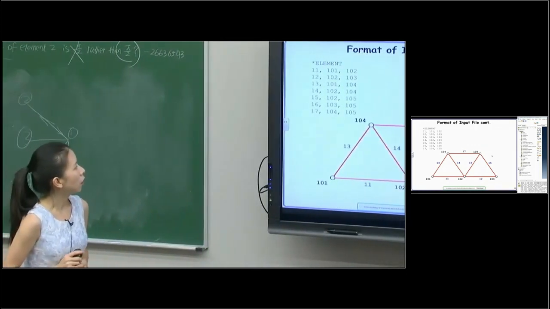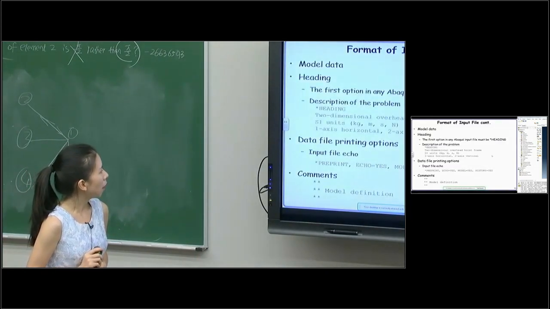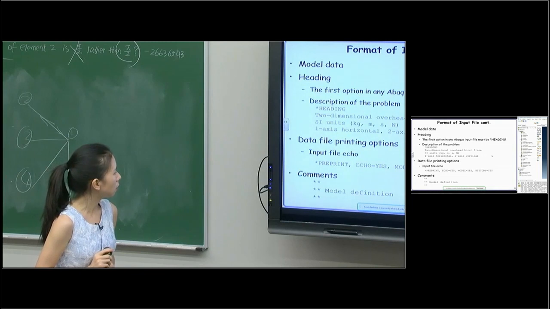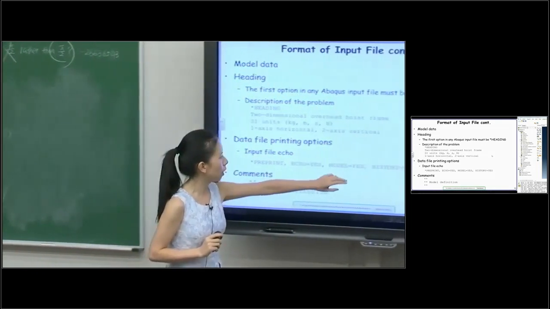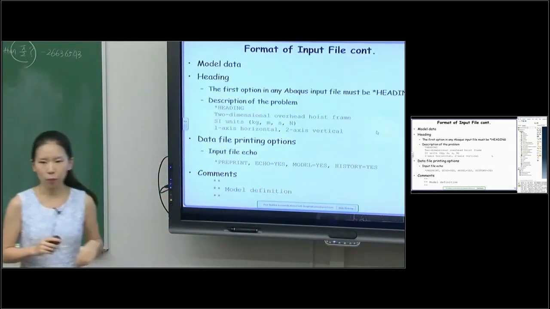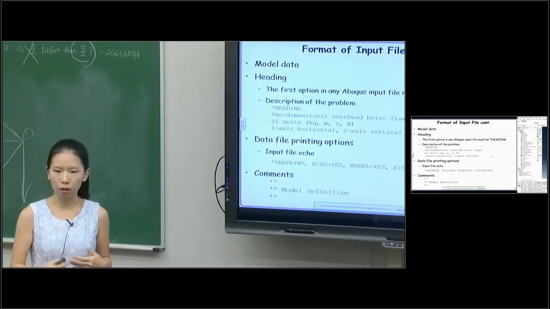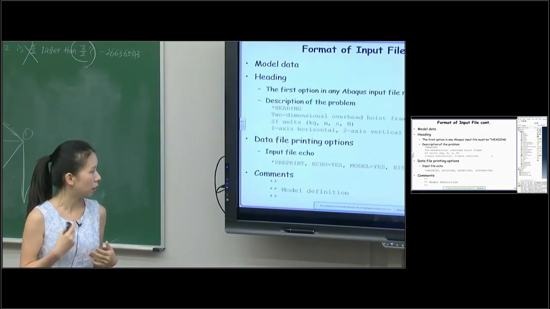This is the definition of elements. Heading information, and echo yes, model yes, history yes. Echo means I will put the input information in the output database again. And model means I will print the model information in the output database.